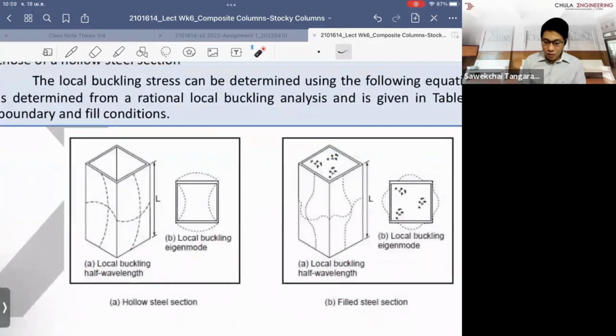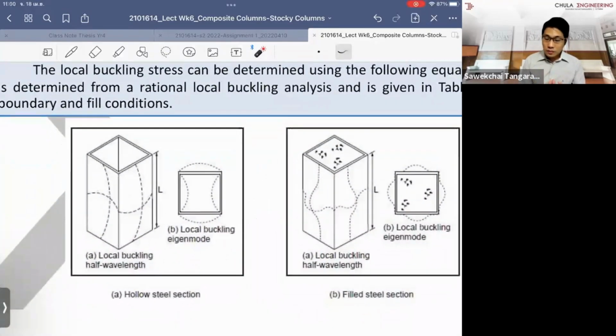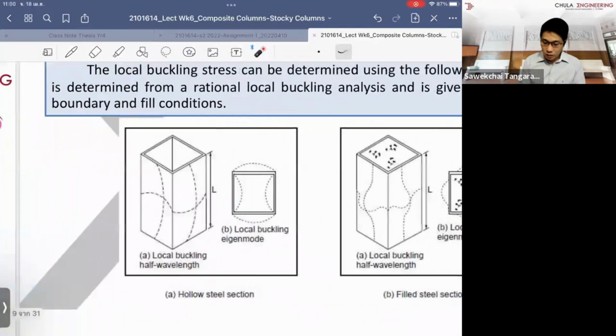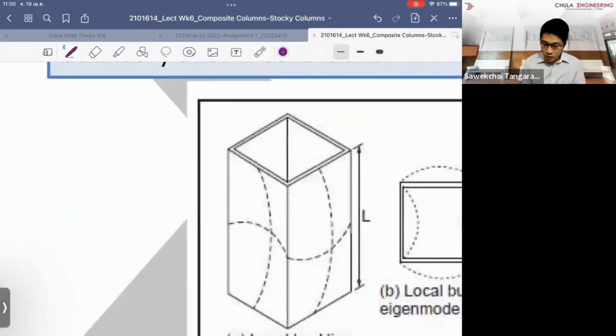When we talk about local buckling of the steel, as you know, you have to check three items: one is compact, the other is non-compact, and the last one is slender.